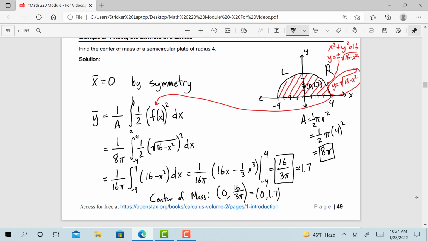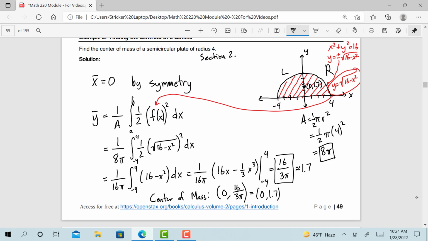Now, one other thing I'll just mention is we calculated the area using geometry, but we can't always use geometry to do that. So if we were to actually need to find the area, you're just going to use the concepts that we used in section 2.1 earlier in the chapter.